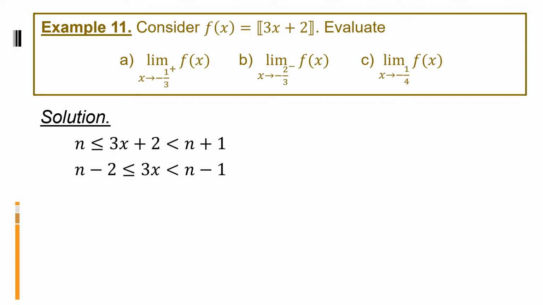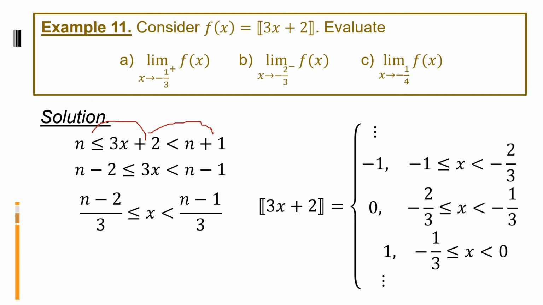Then, i-transpose natin yung 2 sa both sides. Then we have 3x is greater than or equal to n minus 2 but less than n minus 1. Dividing all sides by 3, then we have x is greater than or equal to n minus 2 over 3, but less than n minus 1 over 3.